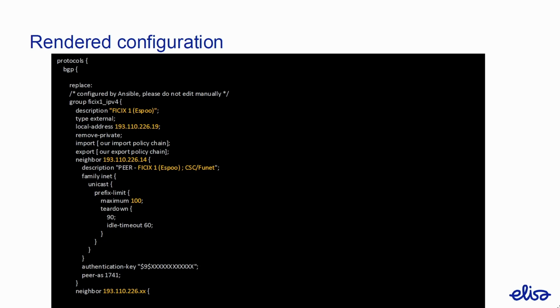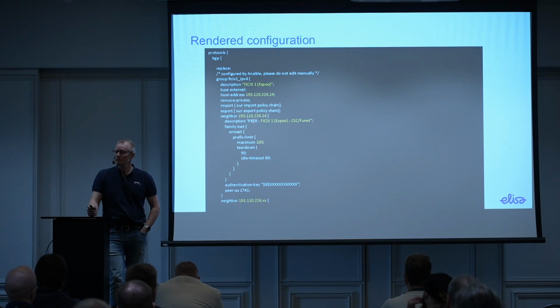This doesn't look like rocket science, but when you multiply this tens or hundreds or maybe even thousands of times per IX, there's quite a lot of gain, in a way that a few lines of YAML definitions can result in a lot of configuration lines. And of course, this applies both to IPv4 and IPv6. No difference in those.